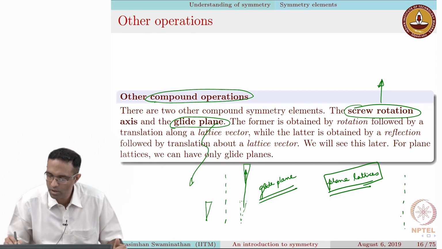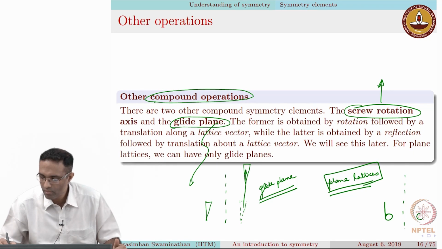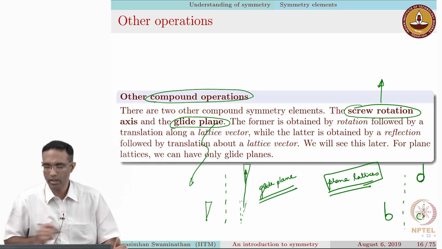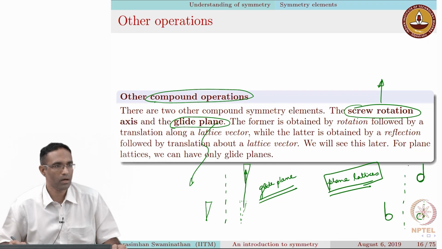So it will look something like this. If you have a molecule like this, it will get mirrored like this and then it will be moved. This molecule doesn't exist, it is just an intermediate step that is being generated while I am creating this for explanation purposes, right?